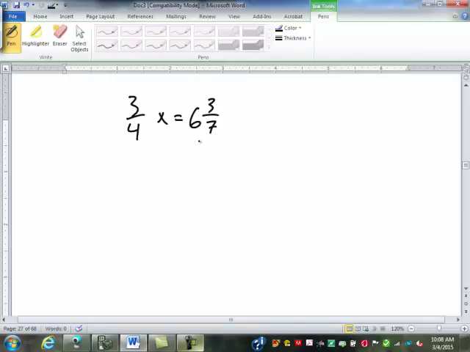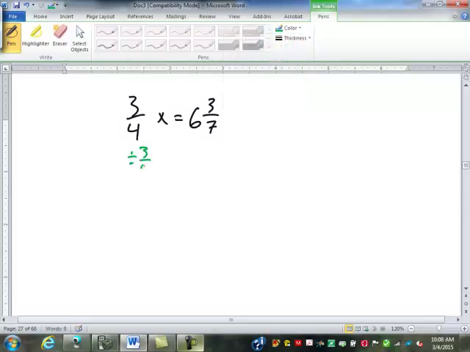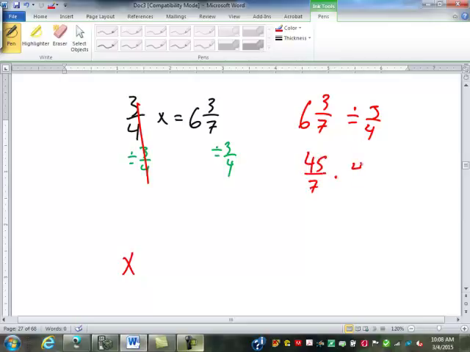So we got 3/4 times x equals 6 3/7. What do we have to do to solve that? Divide by 3/4. Number 41. So over here that cancels out. We get x. We got 6 3/7 divided by 3/4. This is going to be 45/7. Instead of divided by 3/4, it'll be times 4 over 3.